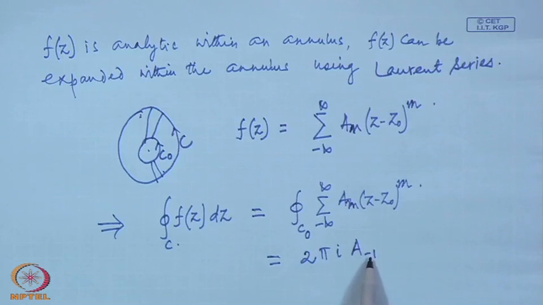A minus 1, as you can see, is the coefficient of the m equal to minus 1 term, that is the 1 by z minus z naught term. This result is called the residue theorem, because this coefficient a minus 1 is called the residue.